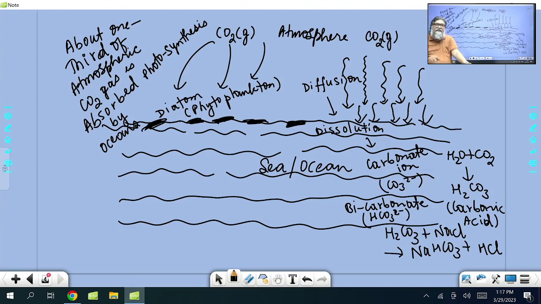Are you able to understand this part of the carbon cycle? Yes or no? Yes, sir. First you have to understand the process, then we'll see what happens when there is more CO2 gas in the atmosphere.